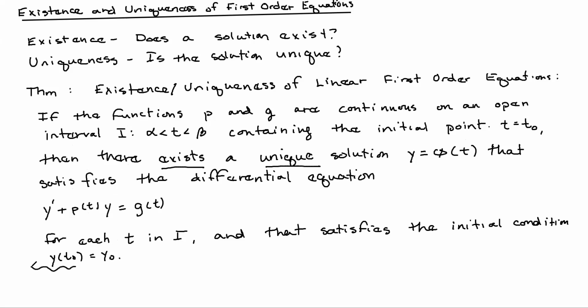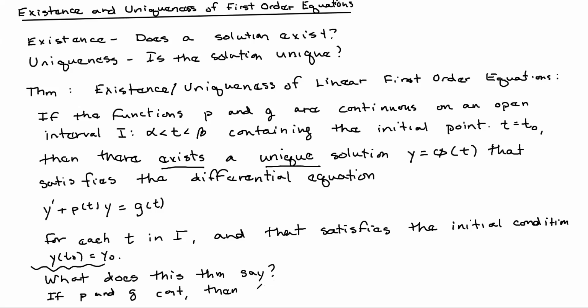So what does this theorem say? It says that if p and g are continuous, then we get existence and uniqueness.